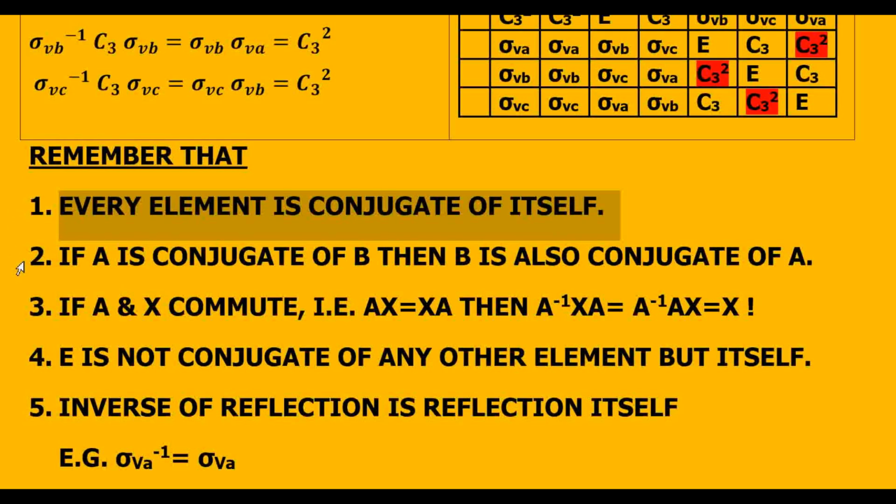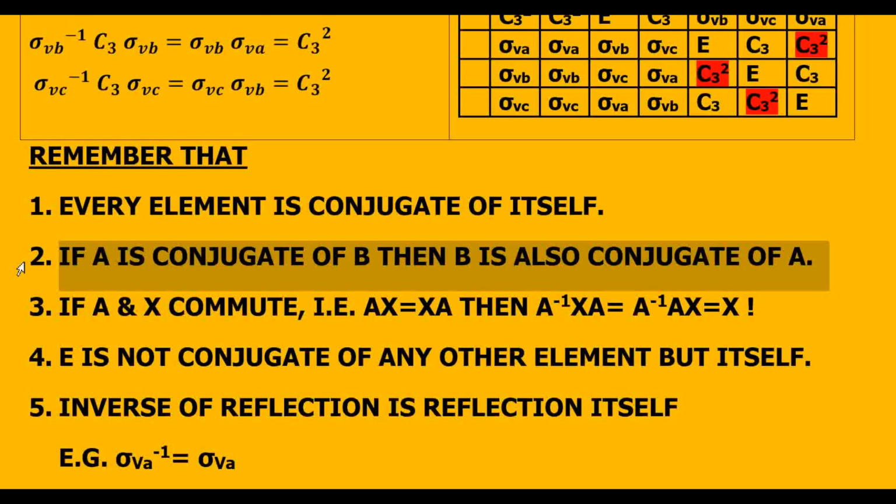Then the other thing is, if A is conjugate of B, then B is also conjugate of A. This we also studied while multiplying the left hand side and right hand side of the equations, and then deriving that if A is conjugate of B, then B is also conjugate of A.